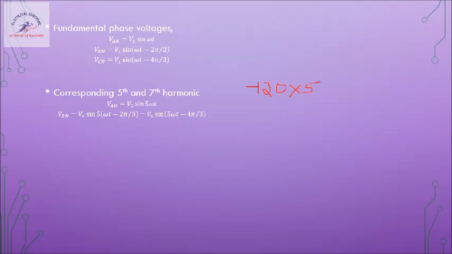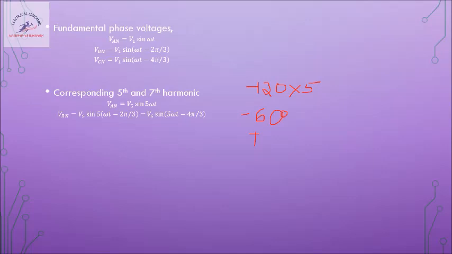When we multiply 120 degrees by 5, we get 600 degrees, that is minus 600 degrees. Now, I said earlier that we want either 120 or 240 degrees inside the brackets in order to eliminate that 360 possibility.